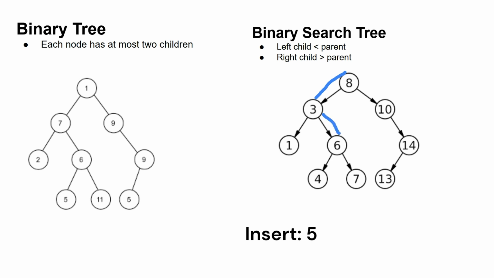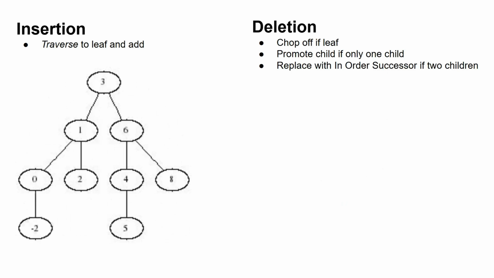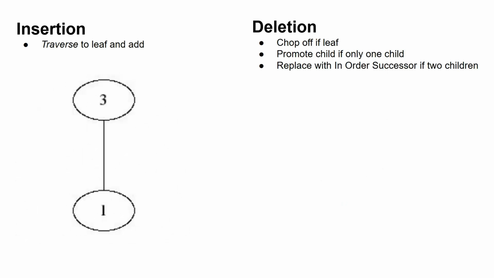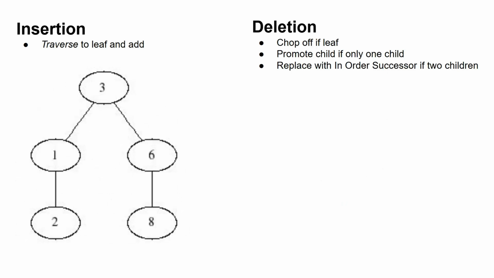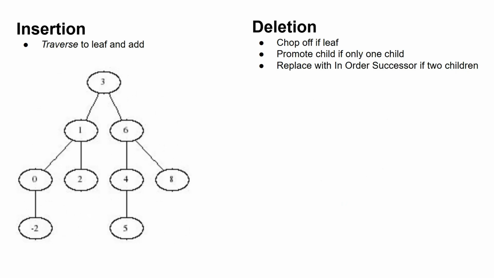Now 5 is less than 6, so we come down to 4. And now we've reached a leaf. There are no more nodes to traverse, so we simply add it as a child of 4. Upwards, not downwards. And this here is a good visualization of a tree being constructed with nodes being added sequentially.